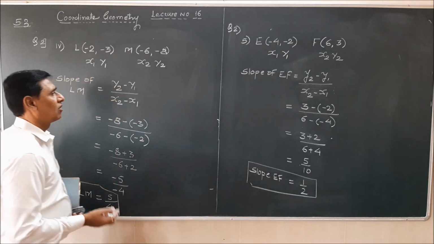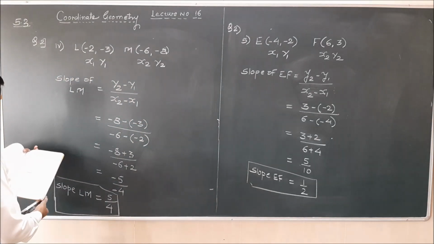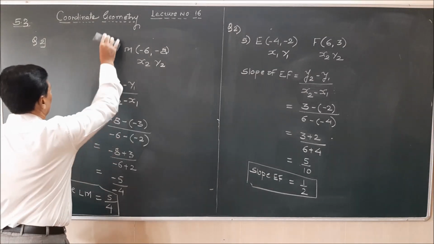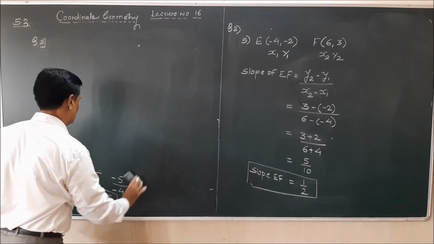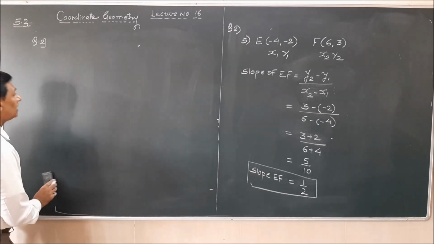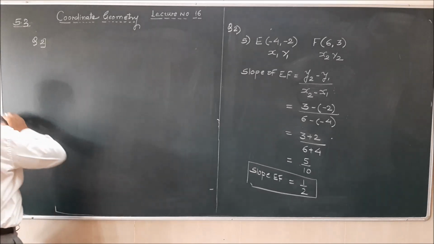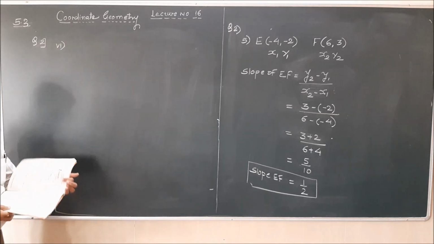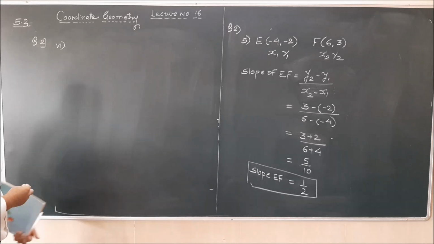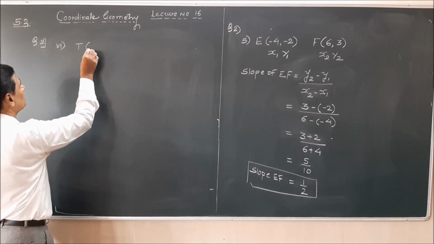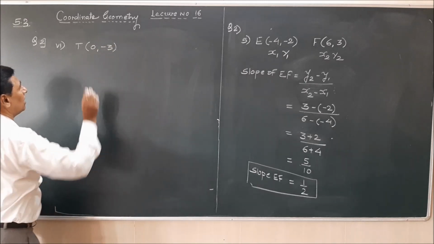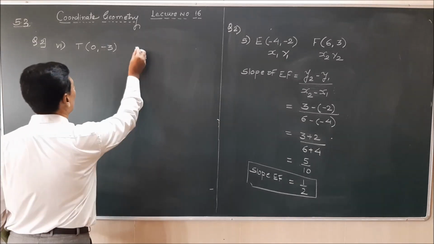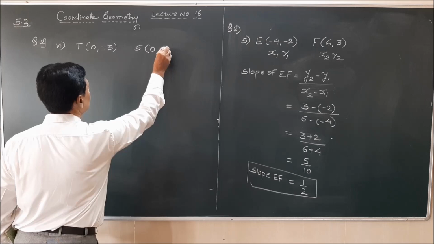All these sums are of the same type. Now the sixth of question number 2. In the sixth one you will find the points given are T(0, minus 3), this is the first point, and the second point S(0, 4).